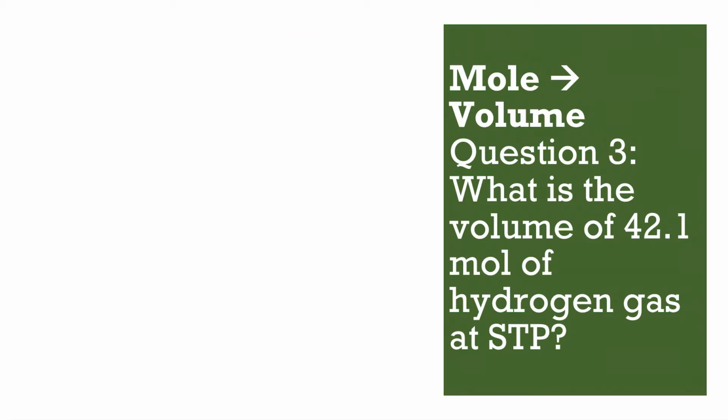Okay. Lastly, what is the volume of 42.1 moles of hydrogen gas? Again, this is the only important part. 42.1 mole, that's your given. Put your given over 1. Then you want moles to cancel. We're looking for liters. And we know that 1 mole is 22.4 liters.